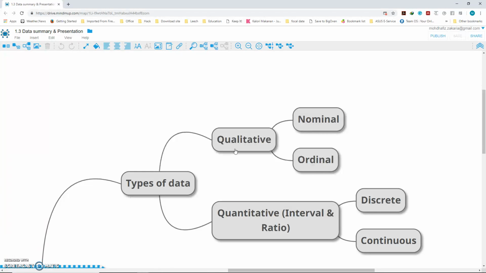However, we can also have an example, for example, where it is a number but cannot be calculated. For example, your metric number, right? It is actually a number.